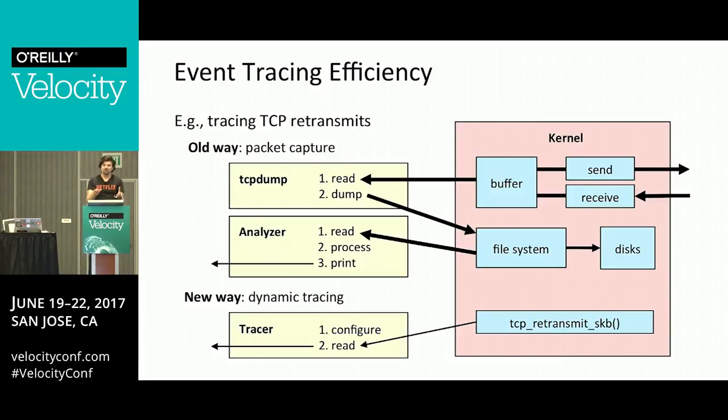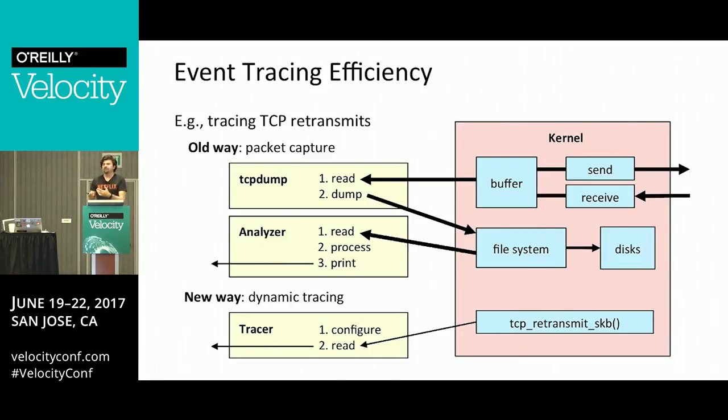Now tcpdump has some optimizations, and there are ring buffers as well, but I still ultimately need to take all of those packet events and post-process them to identify that there have been retransmits. So in my diagram, I illustrated that there's all this data we have to send to tcpdump. That might be dumping it to the file system, which then dumps it to disk, then I have to post-process it and identify the retransmits.